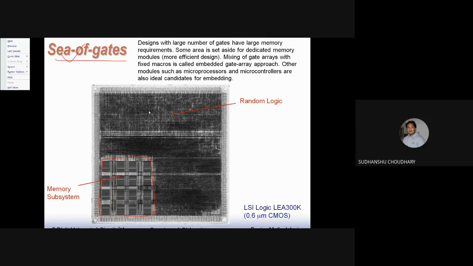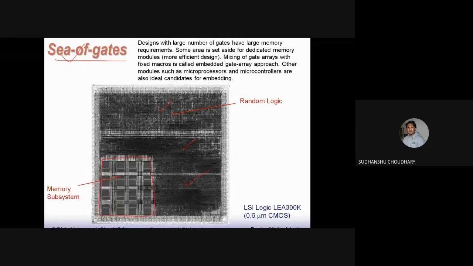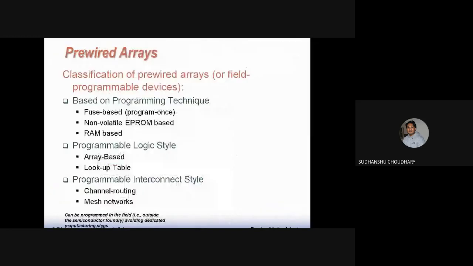The more complex the function, the larger the memory will be. So it is a good approach to set an extra separate area on the chip only for making memory. So for example, here this portion is kept reserved for making memory, right? And then obviously random logic can come over here in this area. So this is actually a good approach.